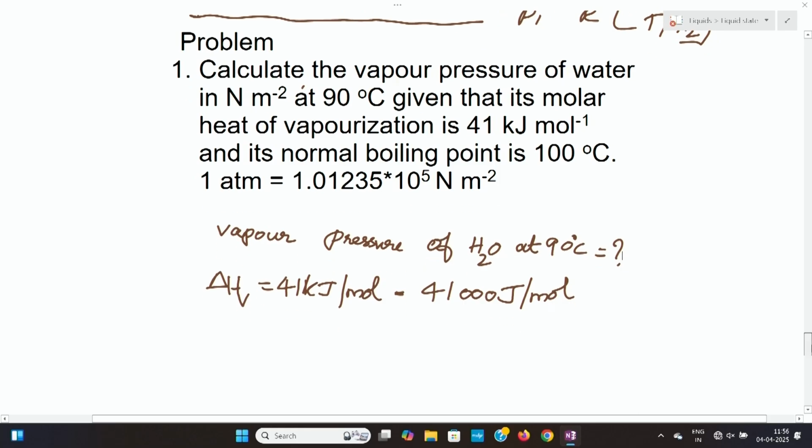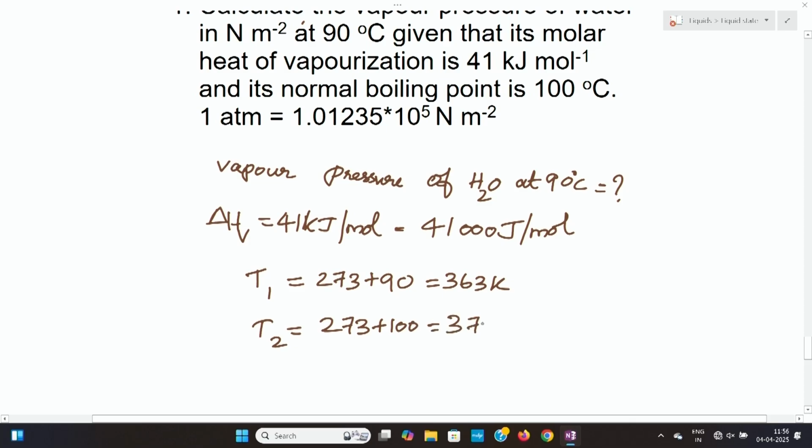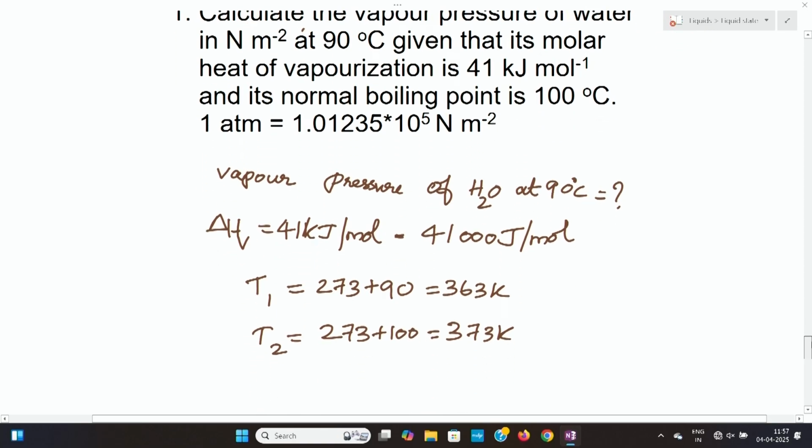Here we have two temperatures. One is T1, that is 90 degrees Celsius, 273 plus 90, that is nothing but 363 Kelvin. And the second is T2, that is 100 degrees Celsius, 273 plus 100, that is 373 Kelvin. Now we have pressure.